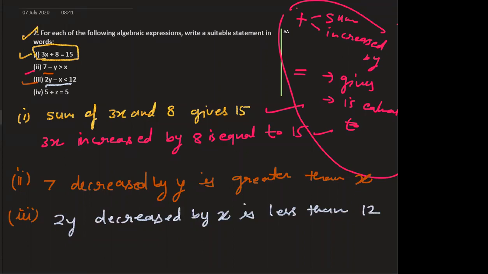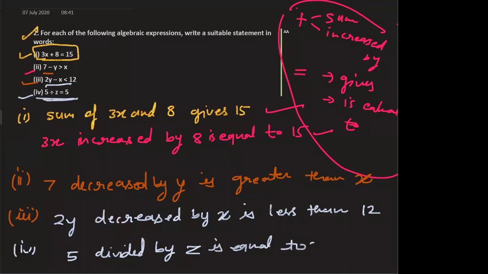Now the fourth says 5 divided by z is equal to 5. So we can write 5 divided by z is equal to 5.